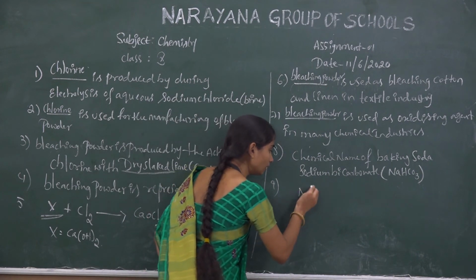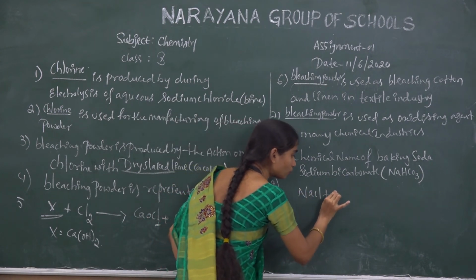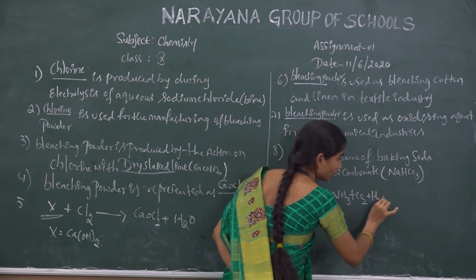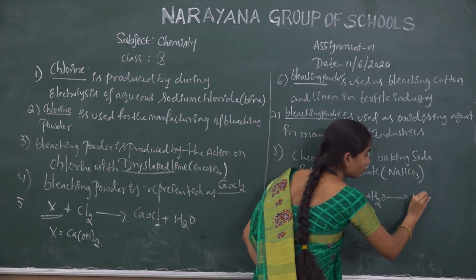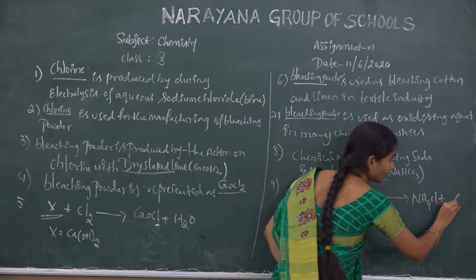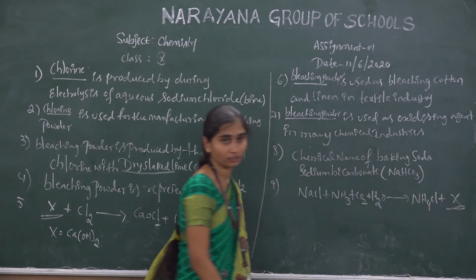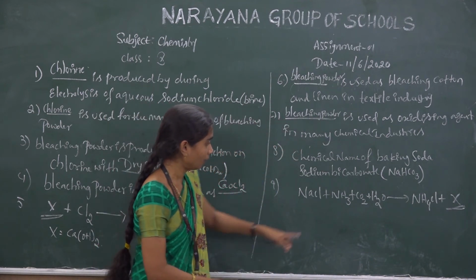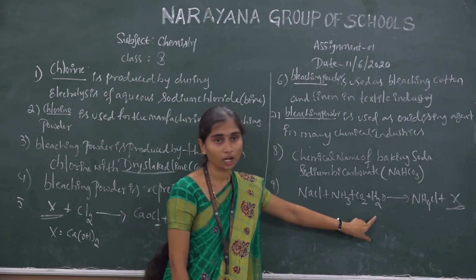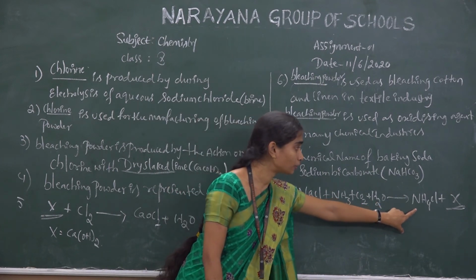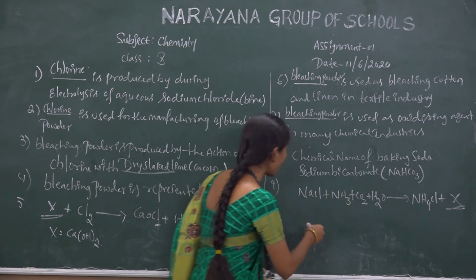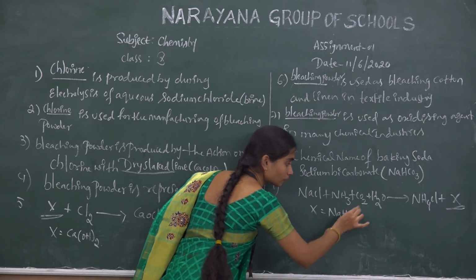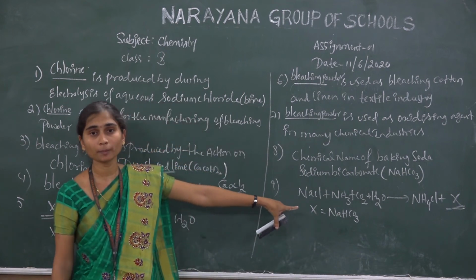When sodium chloride reacts with ammonia and carbon dioxide with water, it is going to form ammonium chloride and a product X. Here, when sodium chloride reacts with ammonia and carbon dioxide along with the water molecule, it forms ammonium chloride, and X is nothing but sodium bicarbonate.